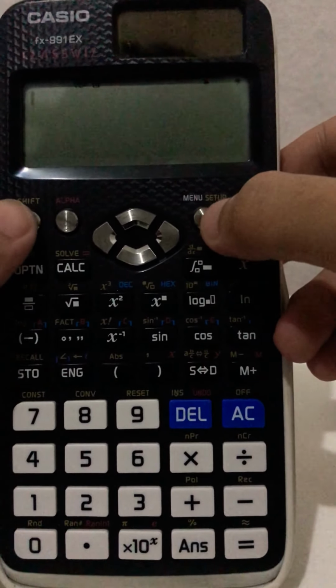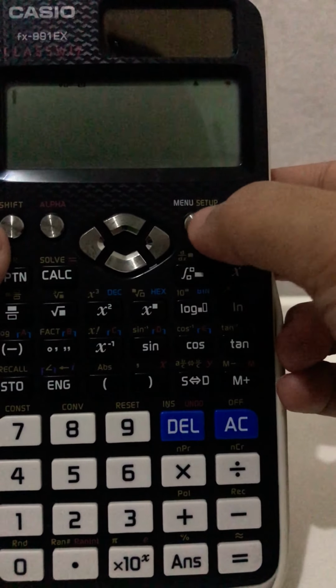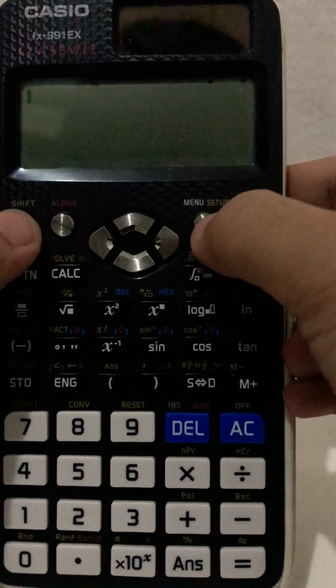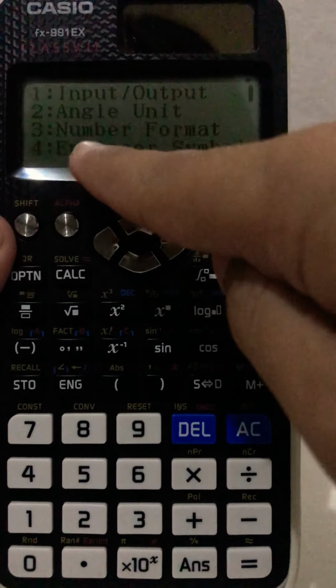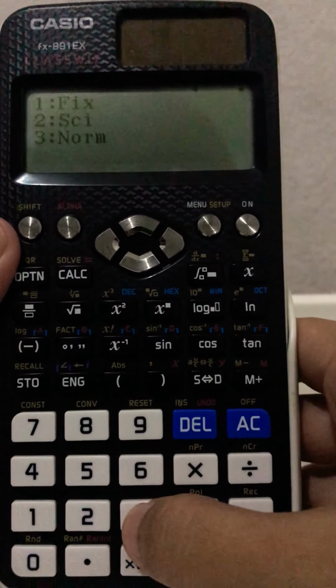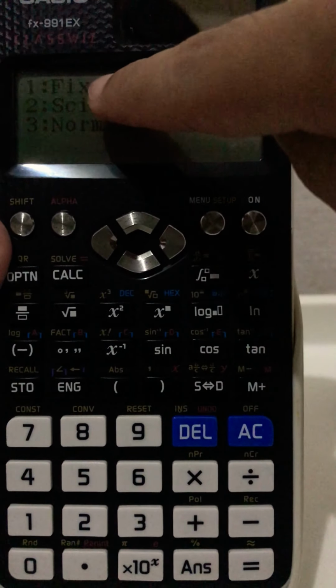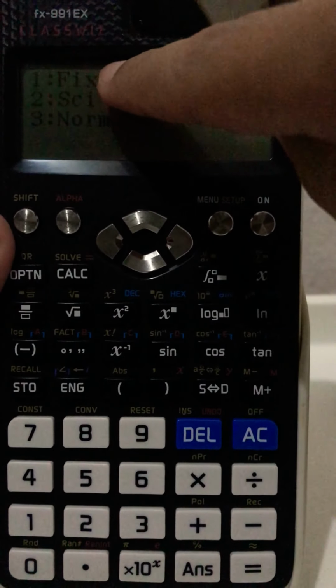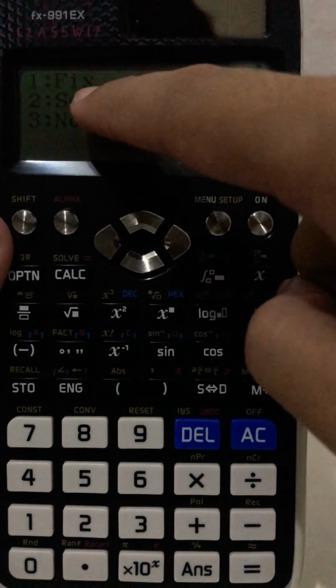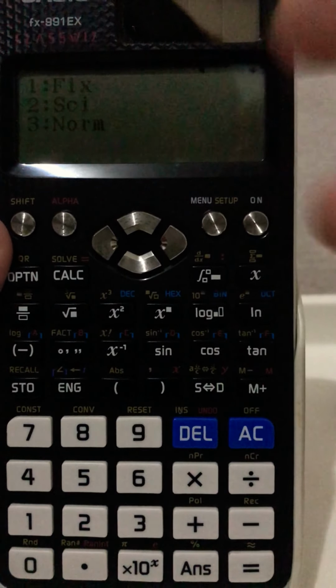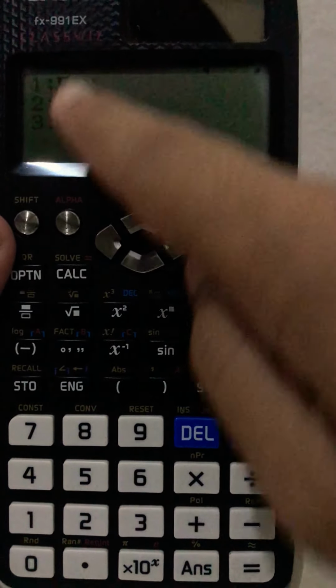We have to have it set up. Setup is in yellow. Shift, setup. And we'll go to number format, which is number 3. And we'd go to fix because we want to have the answers in fixed mode. For the benefit of others, 2 would be for scientific notation and 3 would be for the norm. So let's have the fixed mode.